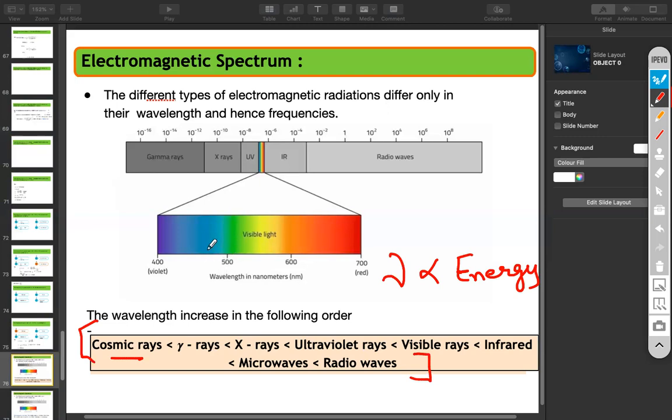Very good, Naren, correct answer. Think again, Aditya. Pratik, correct answer. I am asking about all these radiations, not just the visible region. Radio, okay. Arthur, think again. Nihal, correct answer. Vishnu, think again.